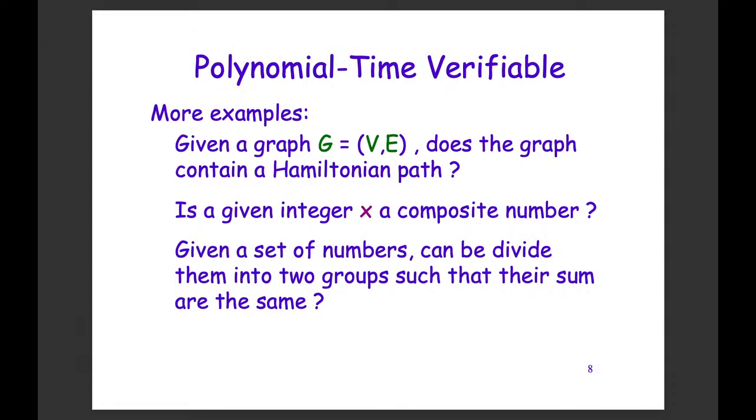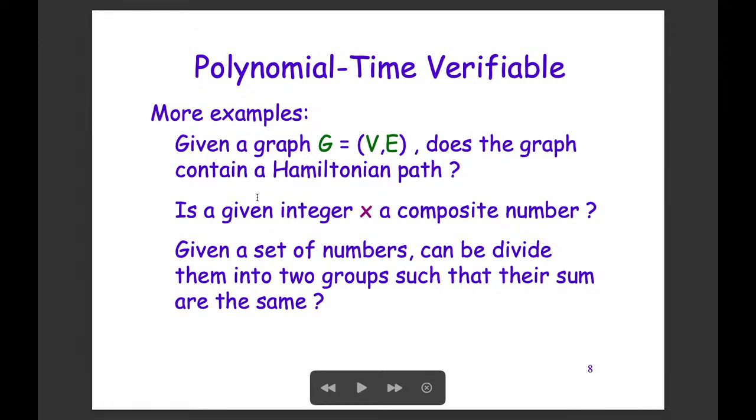The proof is that I just list out all the vertices along the Hamiltonian path. The user can check step by step whether each is really an edge in the graph, and whether this is altogether a path, and then in the end check whether each vertex really appears exactly once. So everything can be done in polynomial time. This is the first example, the Hamiltonian path problem.